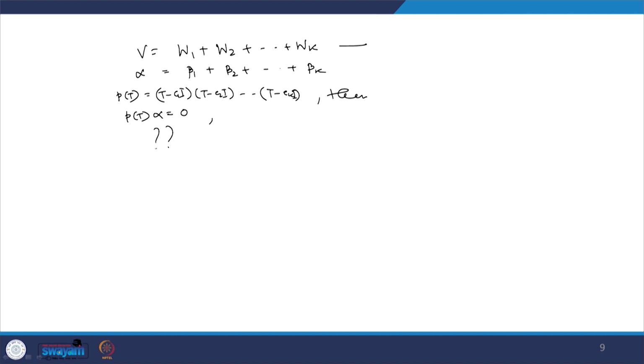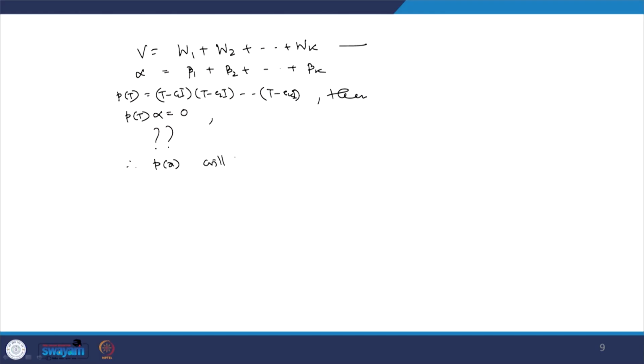See, alpha equal to beta1 plus beta2 plus ... plus betak. Beta1 will be annihilated by T minus c1I, beta2 will be annihilated by T minus c2I, and similarly betak will be annihilated by T minus ckI. So, when p(T) operates on alpha, each of beta1, beta2, ..., betak will be annihilated by some of the factors in p. Therefore, p(x) will be the minimal polynomial of T.